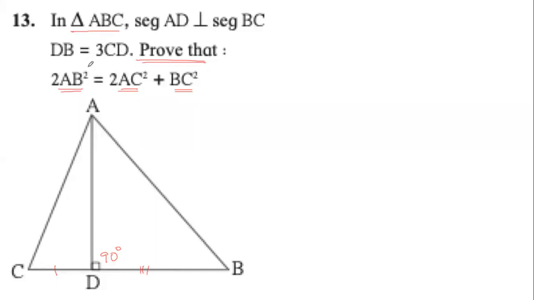Now, on the LHS, the side that we have is AB square. Now, this AB is opposite to the angle C. Once I notice this, I will try something like, what can I say about the side opposite to acute angle C?